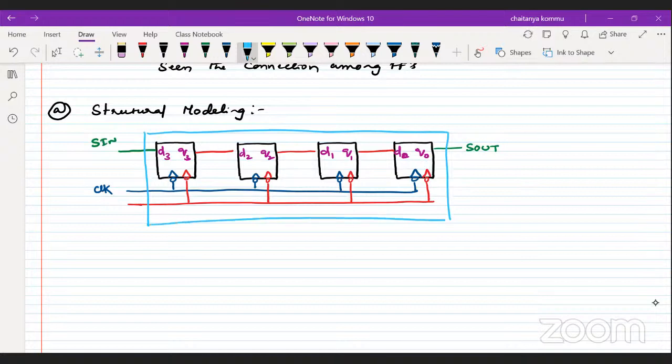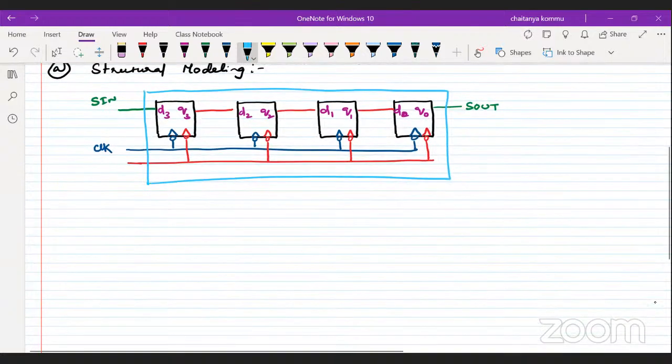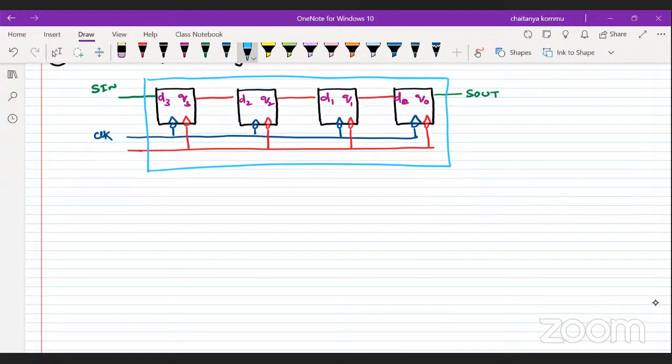So what is the top level module for the shift register now? The shift register is something like this. We have only the serial in data, and we will get the serial out data. We have a reset signal, and a clock signal.